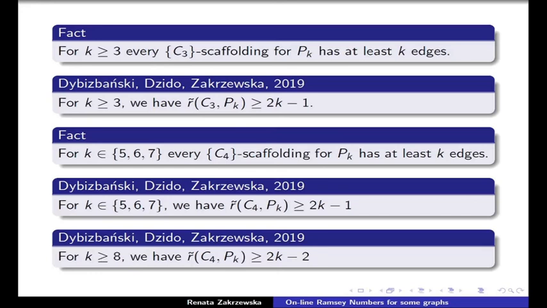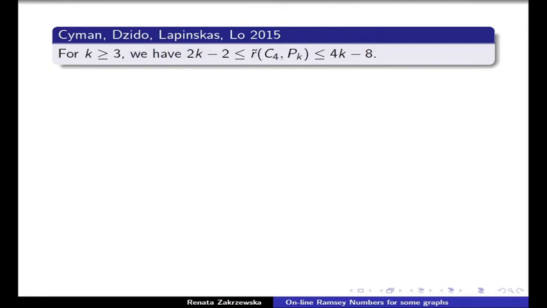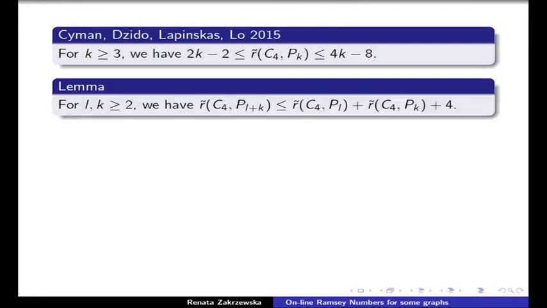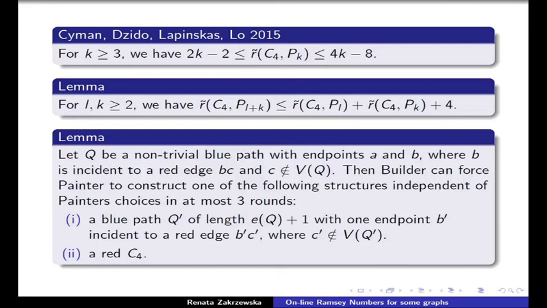For k at least 8, we have that the online Ramsey number of C4, Pk is at least 2k minus 2. In 2015, Cyman, Dzido, Lapińska and Lo proved this chain of inequalities. They used these two lemmas.